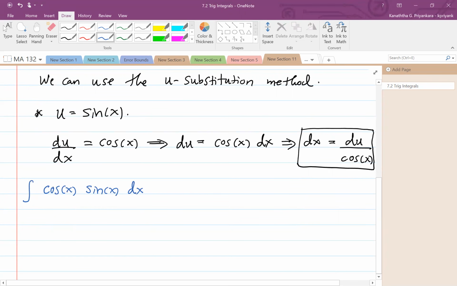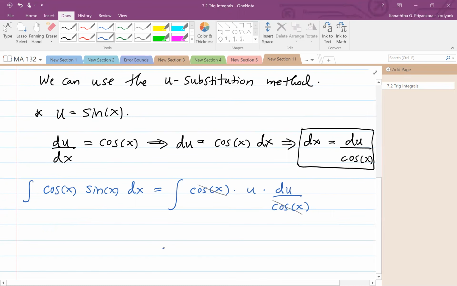We can write this as the integral of cosine x, and we can replace sine x by u, times dx, which is du divided by cosine x. Now we can cancel out cosine x from the numerator and the denominator.